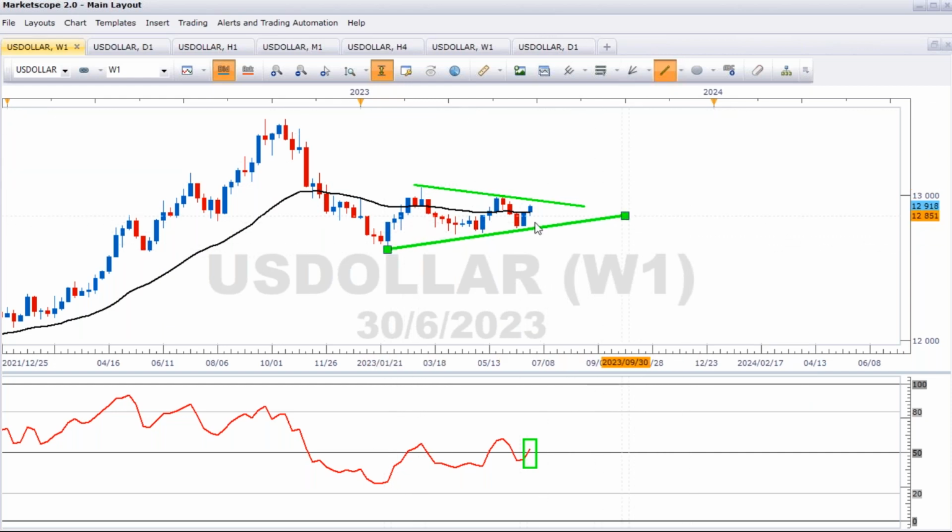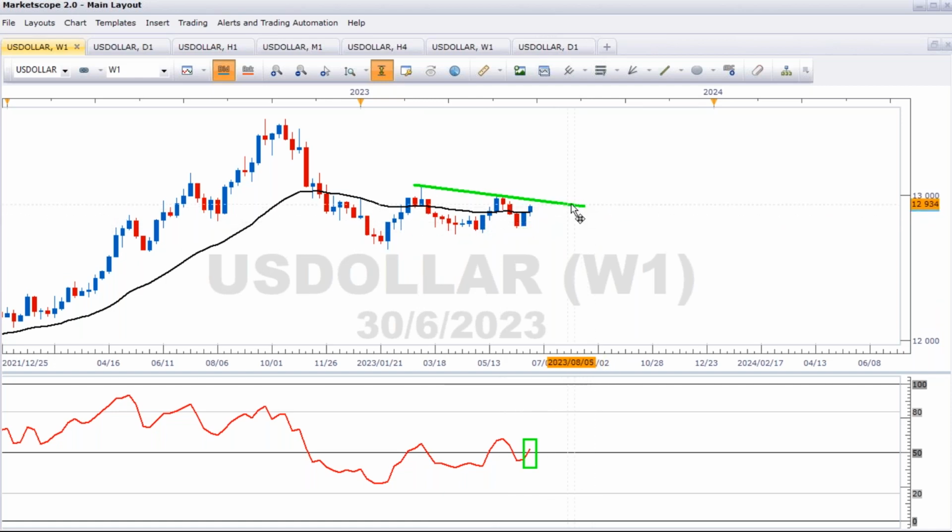And as we're moving in that sideways symmetrical triangle, the US dollar is oscillating around that 30-week moving average. And that makes sense because the moving average is a trend following indicator. So there's no trend, so the trend following indicator is not working. It's creating a lot of whipsaws.